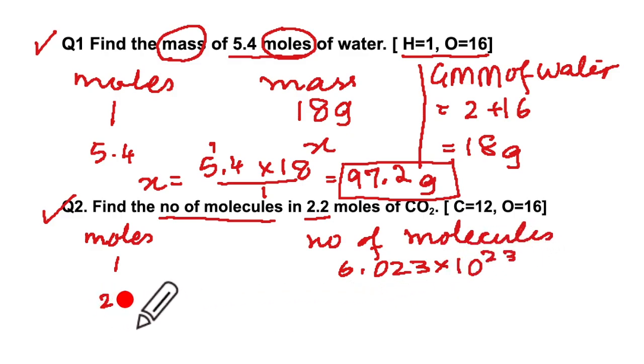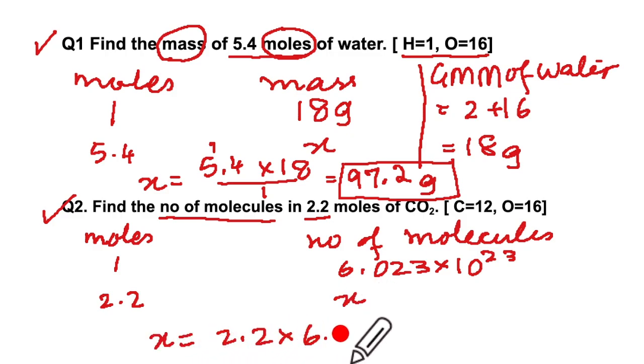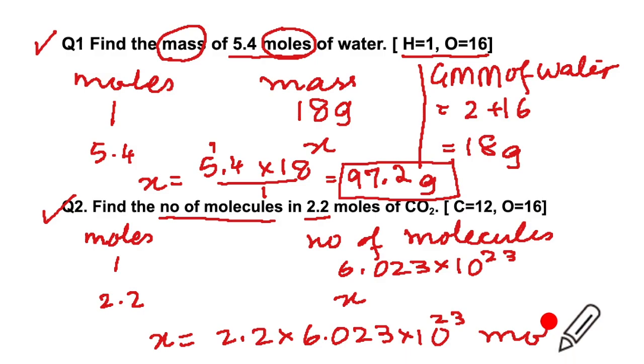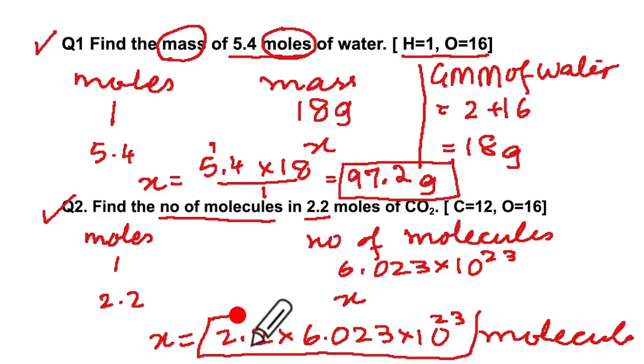So if it is 2.2 moles, X will be equal to 2.2 multiplied by 6.023 × 10^23 molecules. Okay, hope you are understanding this. Now, when you are writing the answer, your answer has to be in terms of Avogadro's number.